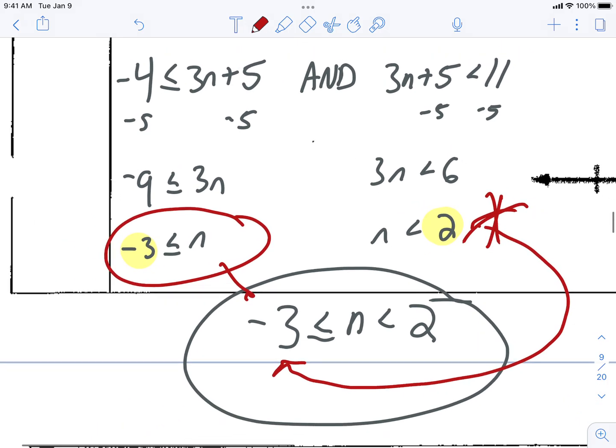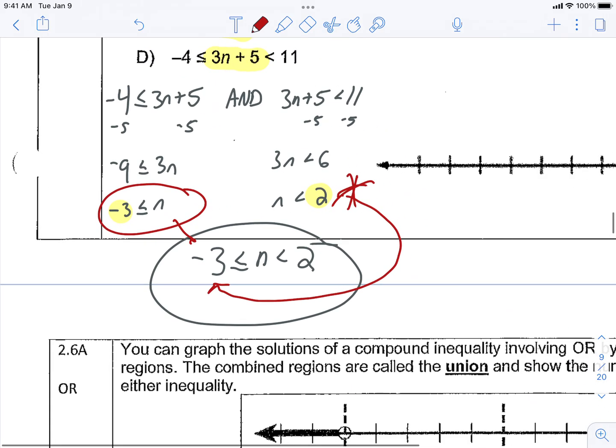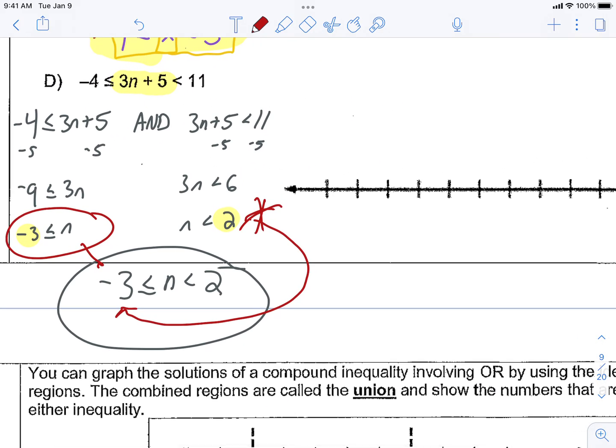But when you do the initial splitting, it could be on the right. So just something to note. Graphing that. Again, I'm expecting them to meet. I'm remembering the filled in versus the not filled in, and there's my answer.